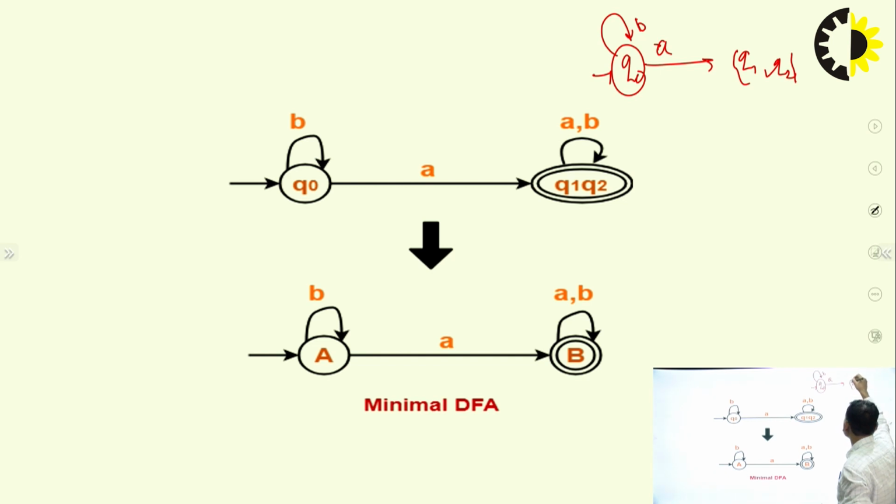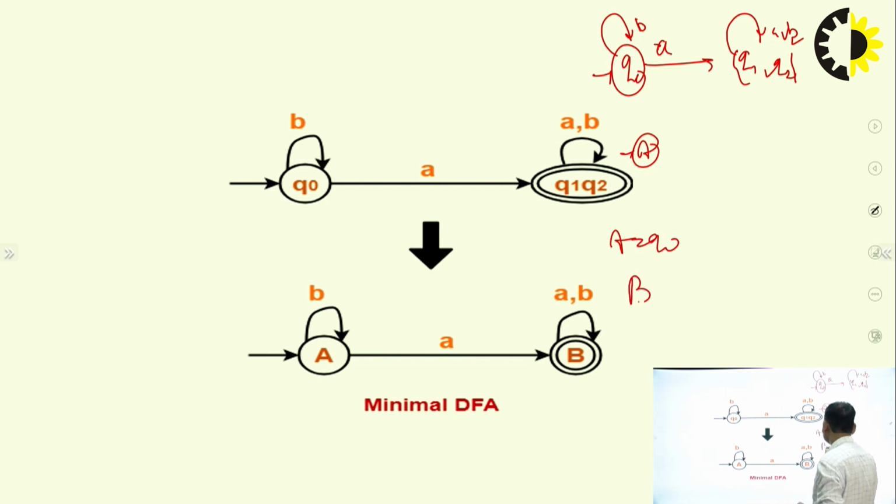Q1 and Q2 as input A or B go to Q1 and Q2. To minimize the DFA, A equals Q0 and B equals Q1 and Q2.